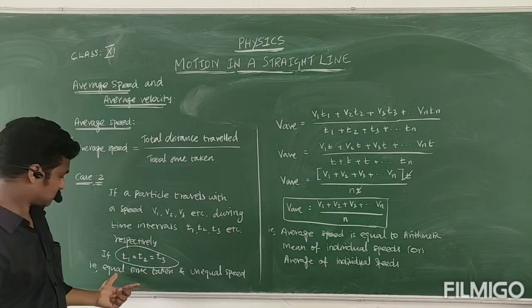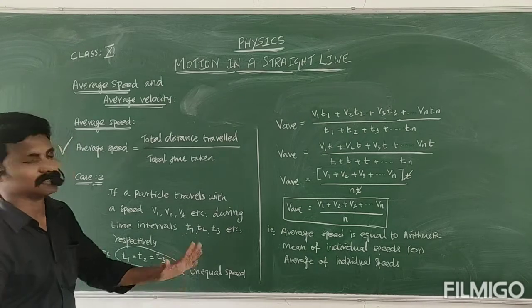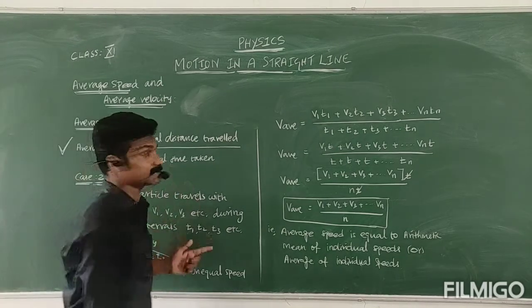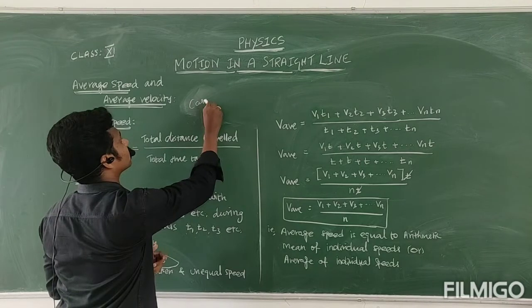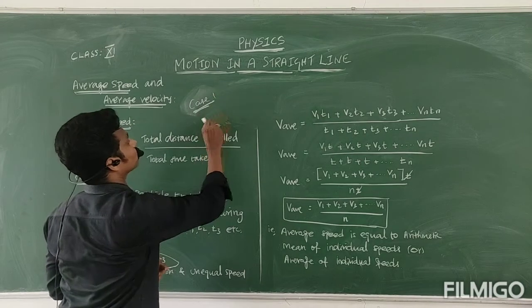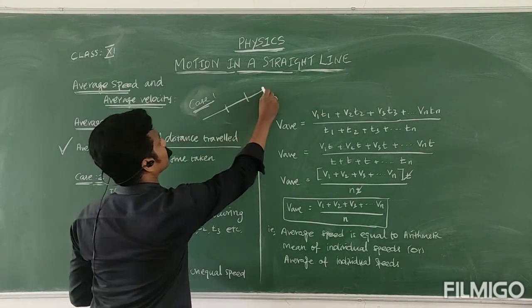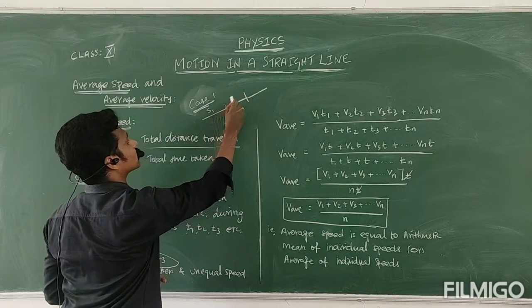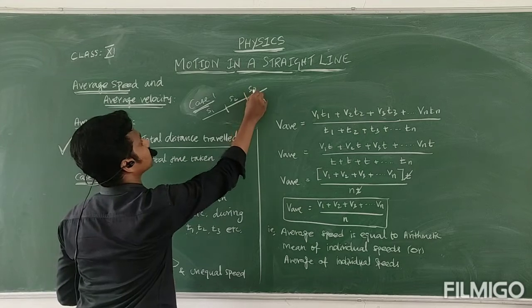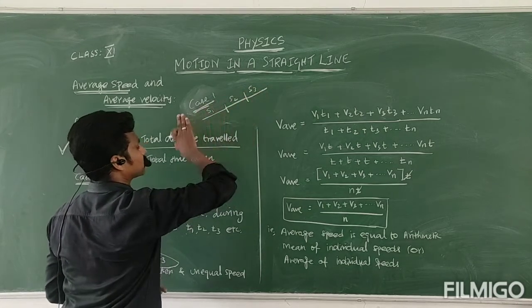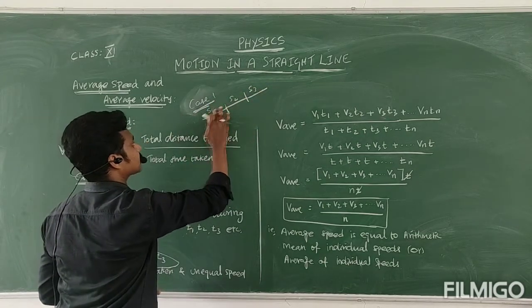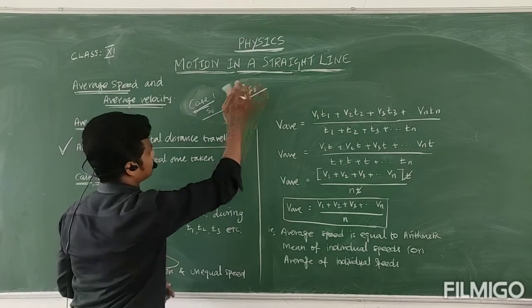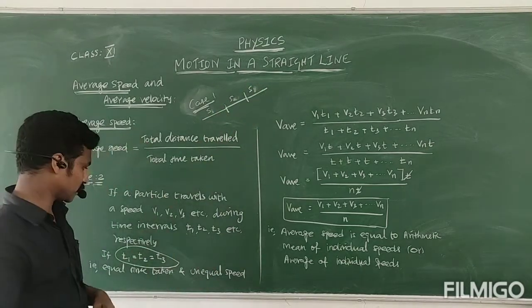So that means equal time taken and unequal speed. But in the previous case 1, you remember, the distance is equal. S1, S2, S3, I take as S, S and S. That is case 1.